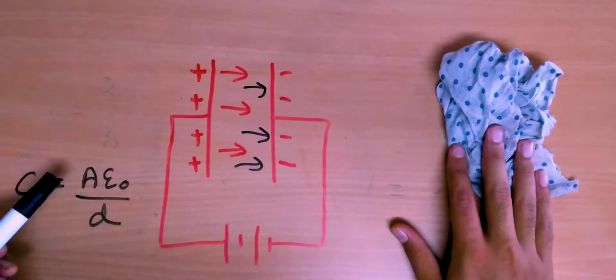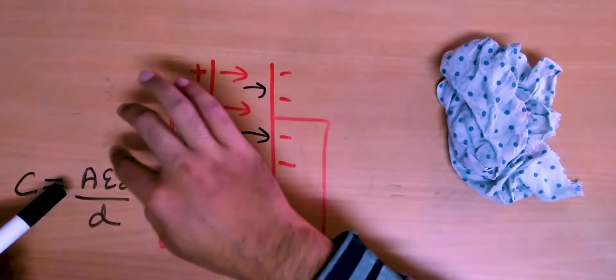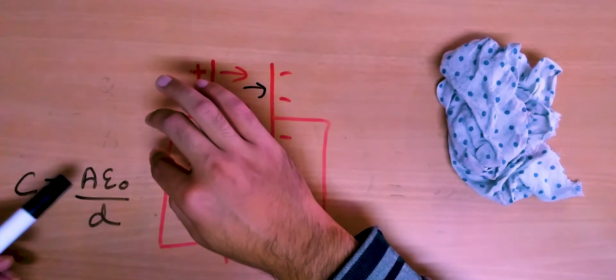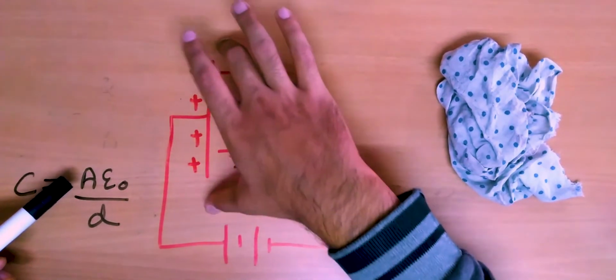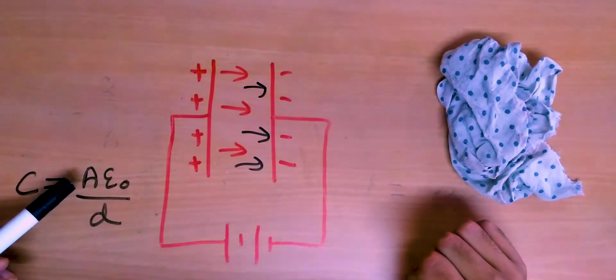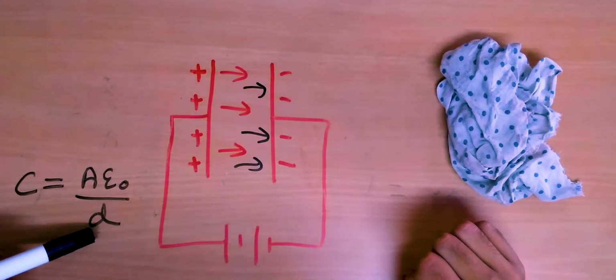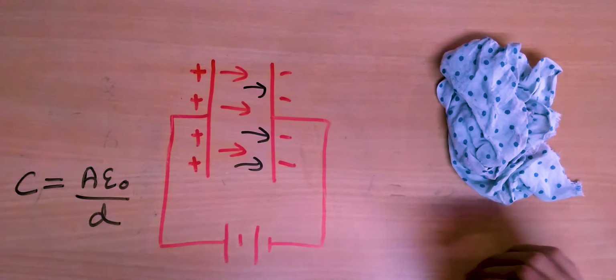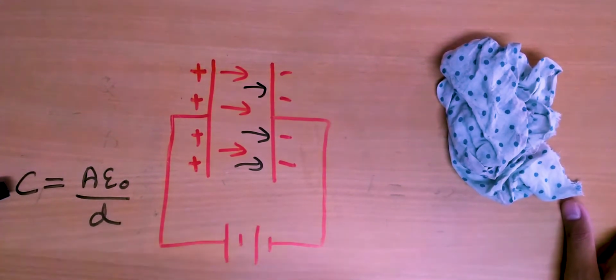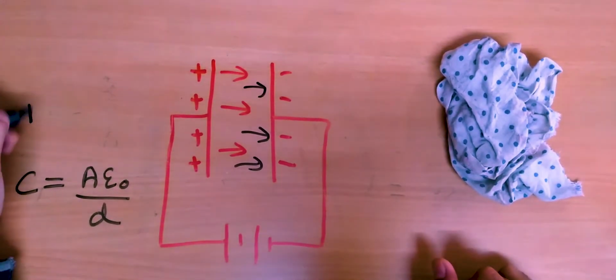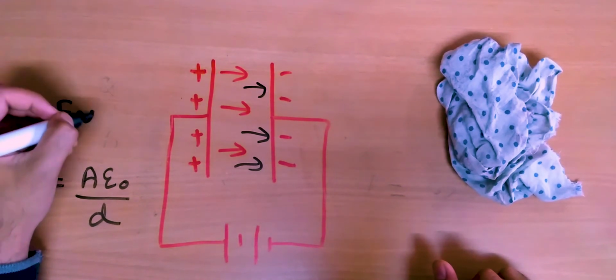Lastly, if I have a capacitor with 1 unit of area, 1 meter square of area, and the separation between the two plates is 1 meter, such a capacitor will have a capacitance of 1 farad.